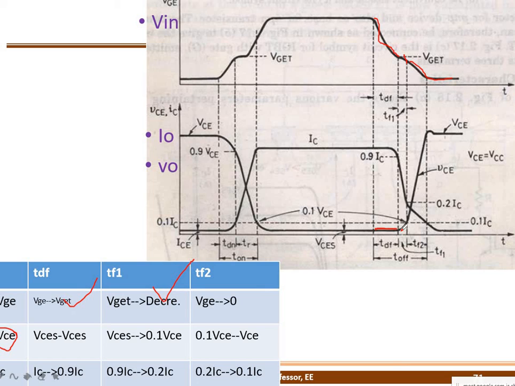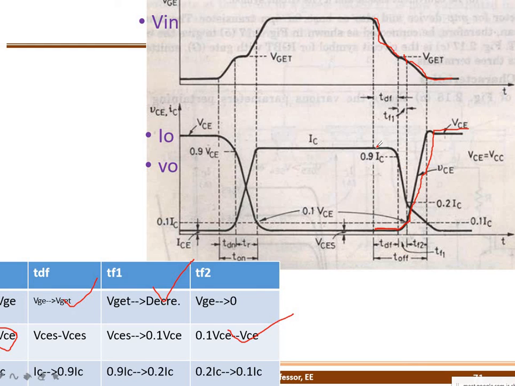Then in the fall time period, it starts to rise from here to 0.1. Then in fall time 2, it further rises from 0.1 to the peak value VCE. So this is the condition of the output voltage.